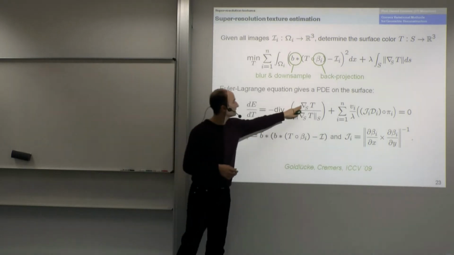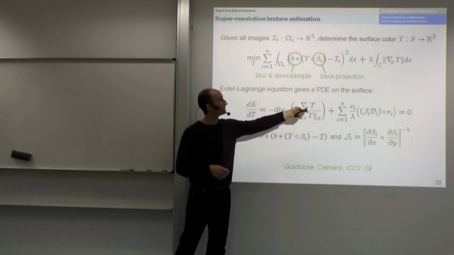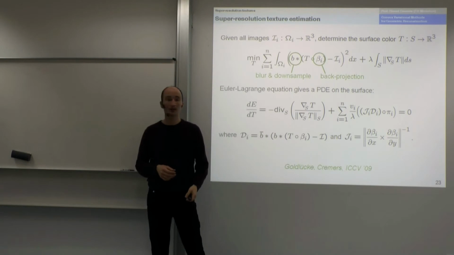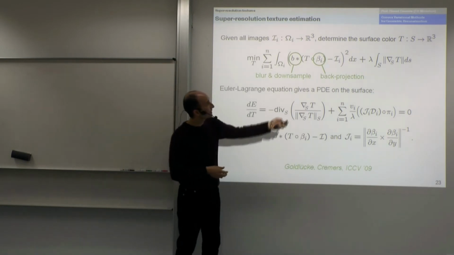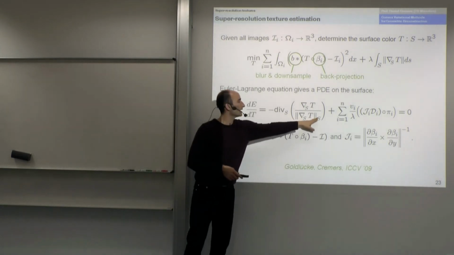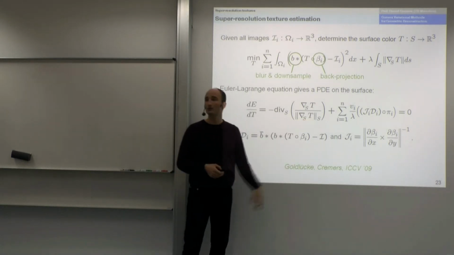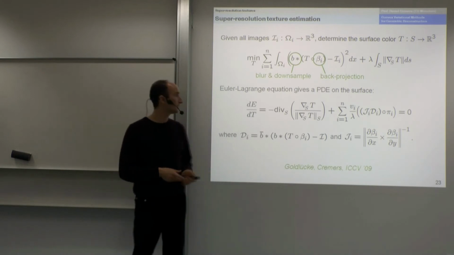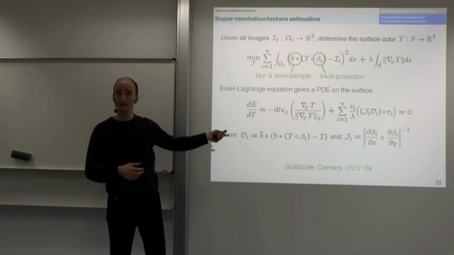But what you have here is the diffusion component that comes in through the total variation. And since we are not having the quadratic smoothness term, we get this 1 over gradient norm in here. And that is the nonlinear diffusion.